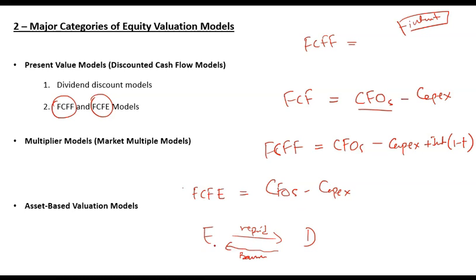That means any borrowing is an inflow for equity and any payment is an outflow for the equity holder. So you need to make an adjustment for that. You will add borrowing and subtract repayment, which means adding net borrowing. So this is how you calculate FCFE, or this is the difference between FCFF and FCFE.